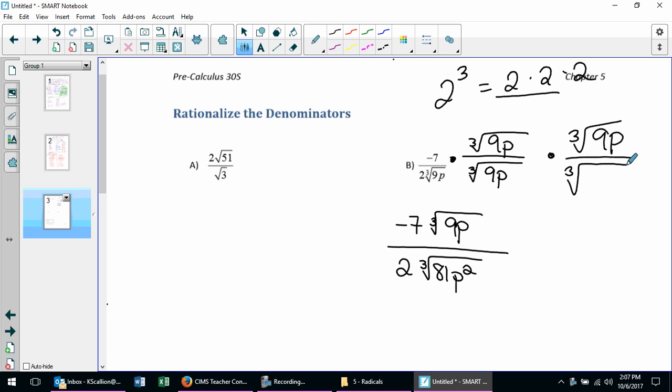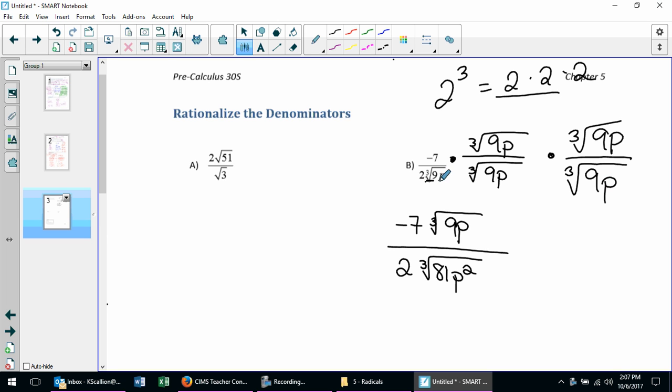What if I had a 4th root? I'd have to do it 1 more time. So cube root of 9p, cube root of 9p, cube root of 9p, you just cubed it. Does that make sense? If you had a 4th root, how many would I need? I need 4.